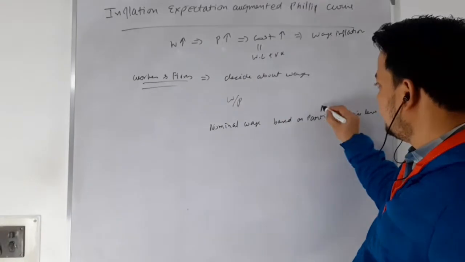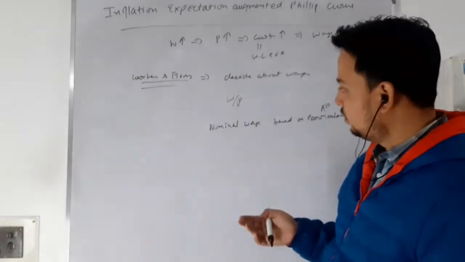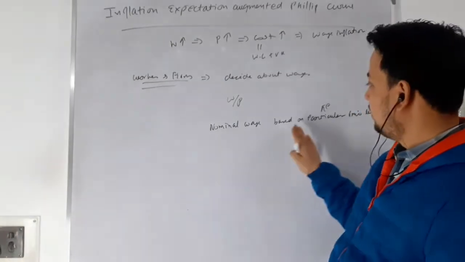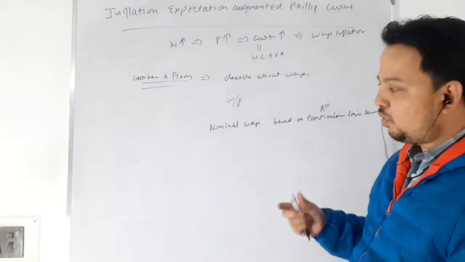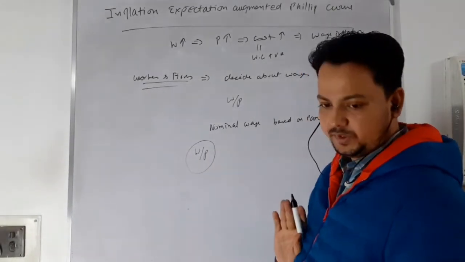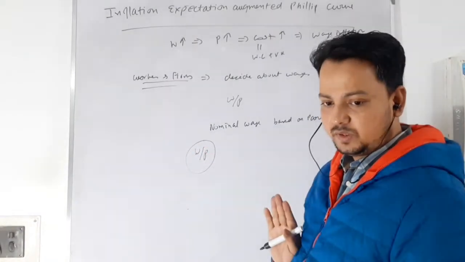That we call expected inflation. Similarly, firm or management also want to adjust nominal wage based on a particular price level. So both are concerned with the value of real wage. What should be the value of real wage?